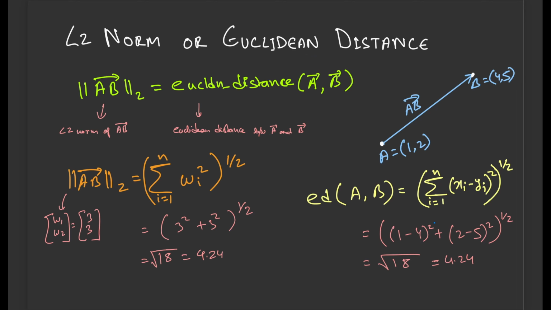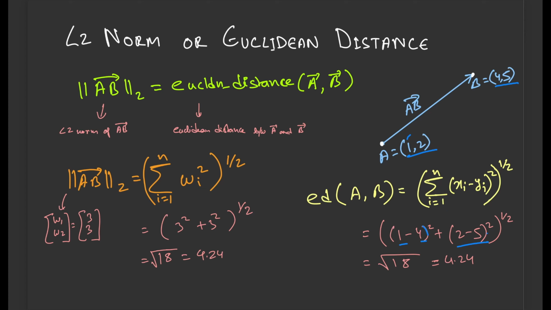Okay, so let's see. In the vector A we have 1, 2, and in the vector B we have 4, 5. So we take the difference of the first component, that is 1 and 4. So 1 minus 4 squared plus the difference of the second component, 2 minus 5 square.